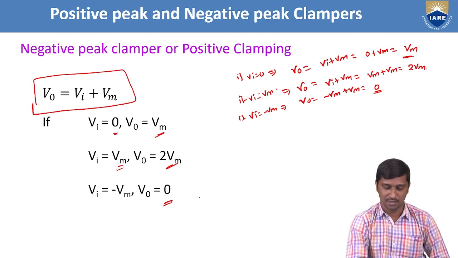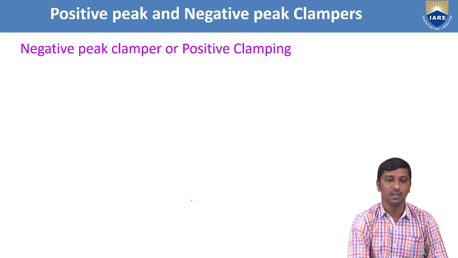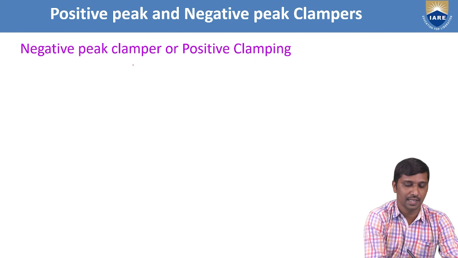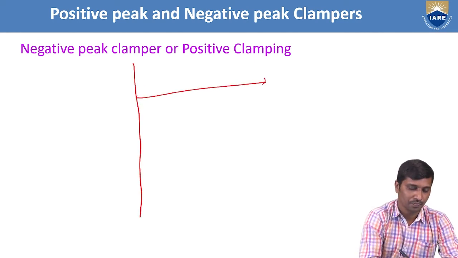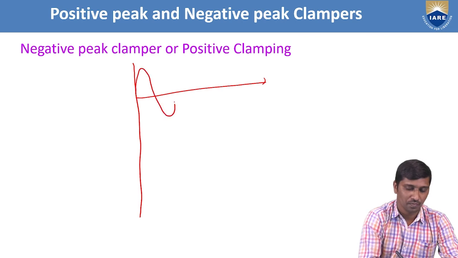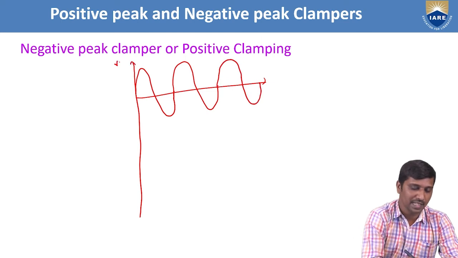By using these, now we are going to draw the clamping circuit response graph. Let's say this is my Vi input signal, and this is 0.